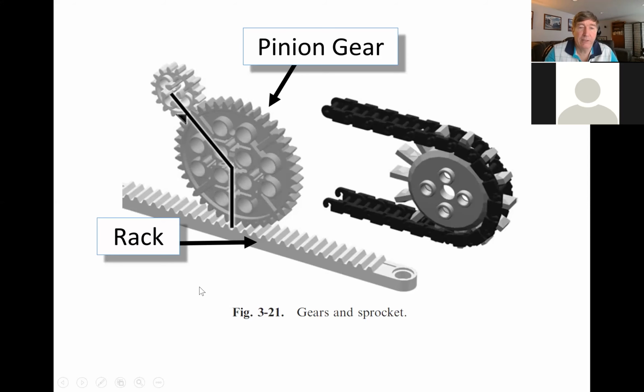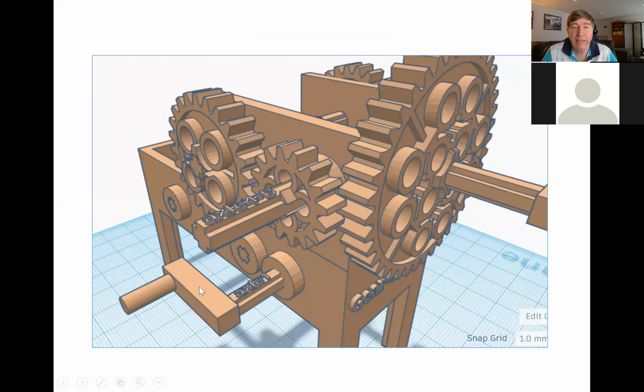Okay, let's move on. Now remember when we were talking about the gear creations that you guys came up with, Sky went over and above the call of duty, and he came out with this super duper gear device of his. Remember how you turn the crank here and it turns these wheels, but this gear interfaces with this gear.